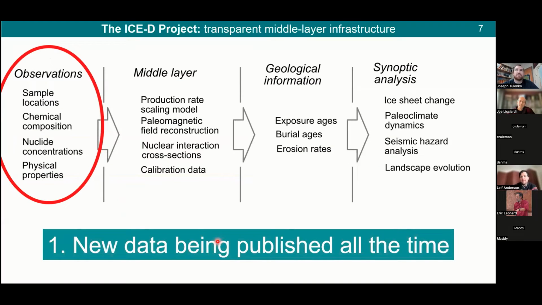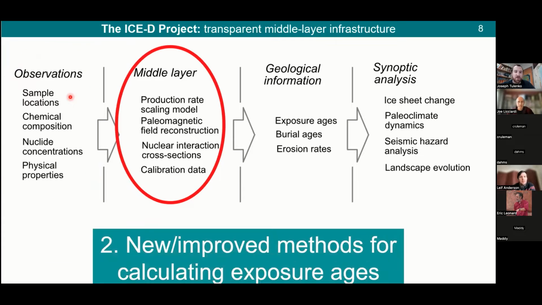And so to sum up and set the stage for why we think that the ICE-D project is quite necessary, to start, we have new data being published all the time. And so we start with our observations, which include sample locations, the chemical composition of whatever material you're trying to date, the actual nuclides themselves, and all this information that you need to know to then calculate an exposure age.